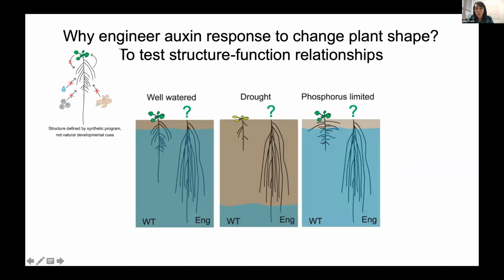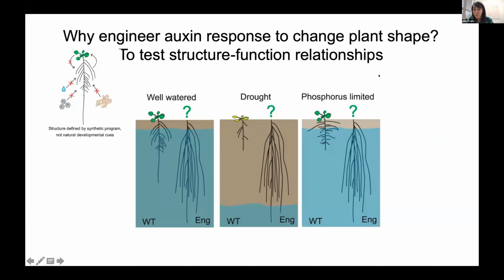And then you get situations like this, where you, in a wild type plant, may have a root structure that grows differently in a bunch of different environments, but an engineered plant that always grows exactly the same root system can be used to see what the effect is on the shoot.